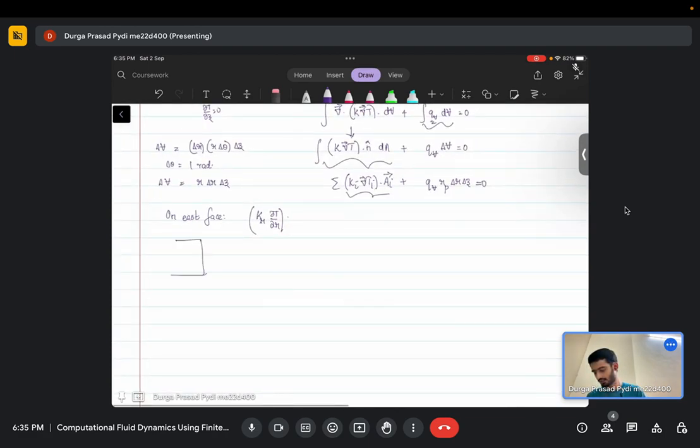This is my cell, this is my east face. What will be the value of AE? Delta Z.